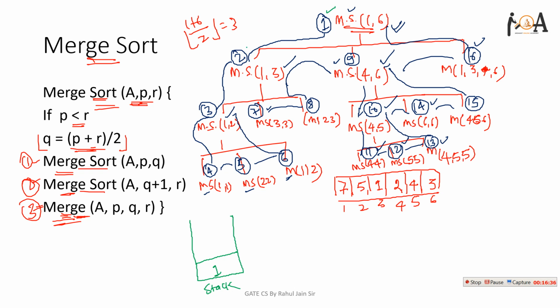After that, function 2 will be called, so the activation record of function 2 will be stored here in the stack. After that, function 3 will be called, so its activation record will be stored here. After that, function 4 will be called, so its activation record will be stored here.